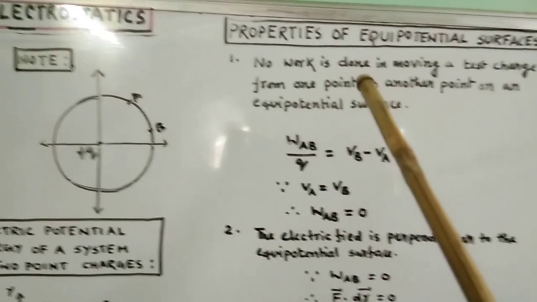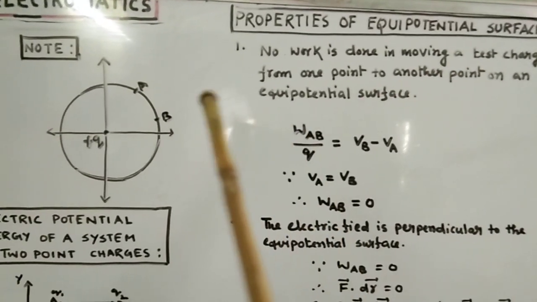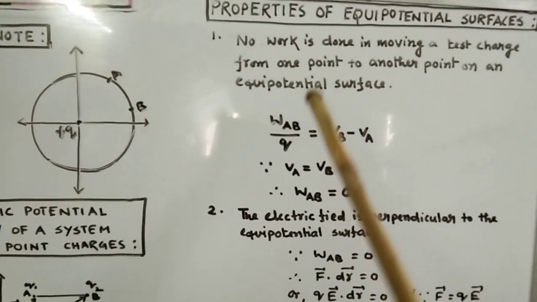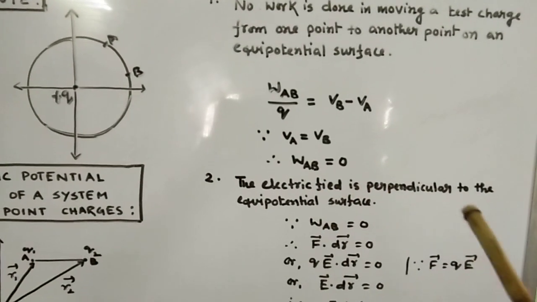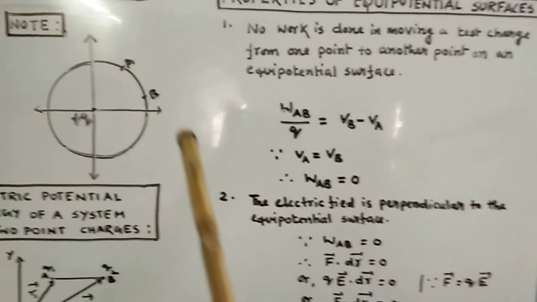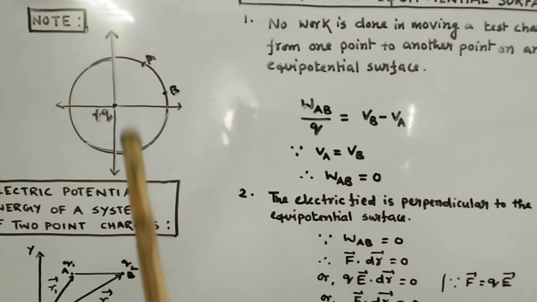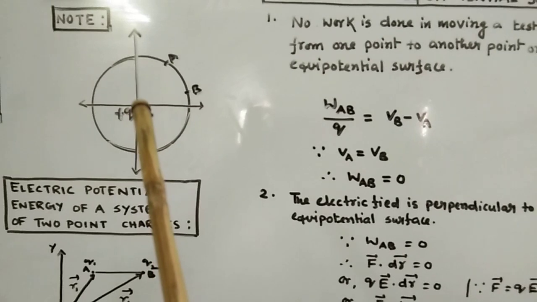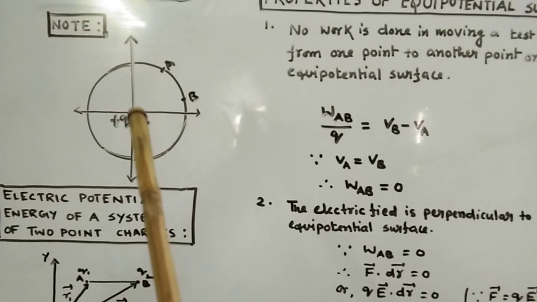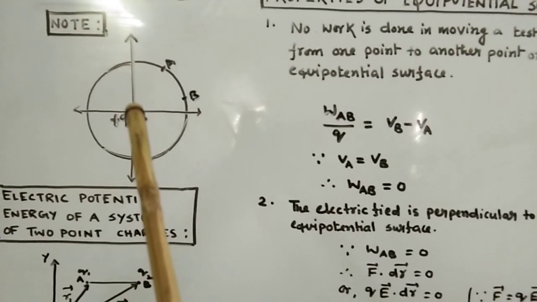So this is number one property. It says that no work is done in moving a test charge from one point to another point on an equipotential surface. Now number two, the electric field is perpendicular to the equipotential surface. This arrow defines the direction of the field lines. The field is outward for the positive charge, as already defined in chapter 1.